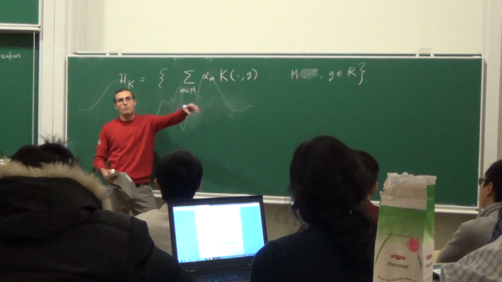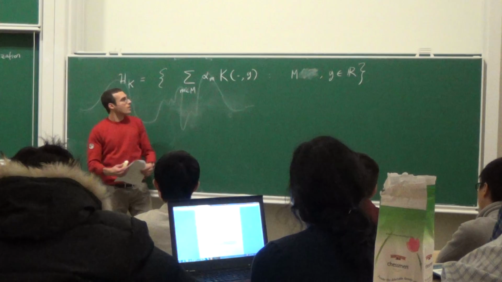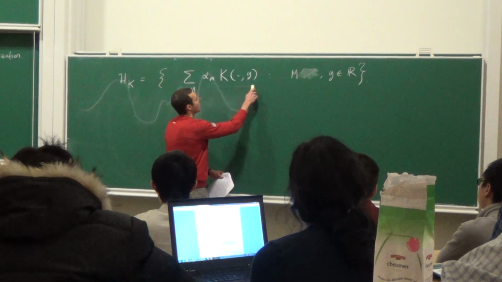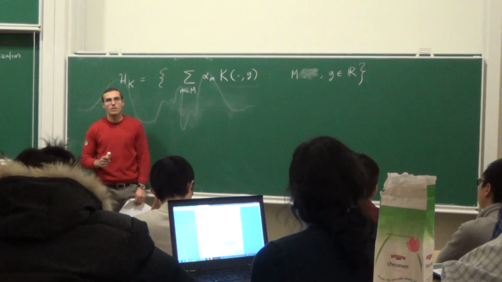So if I just fix some point y in R, then this is a function of the first variable, so it's a univariate function.